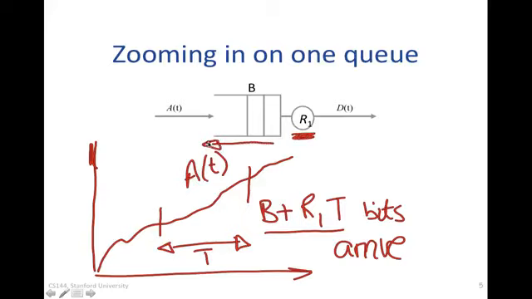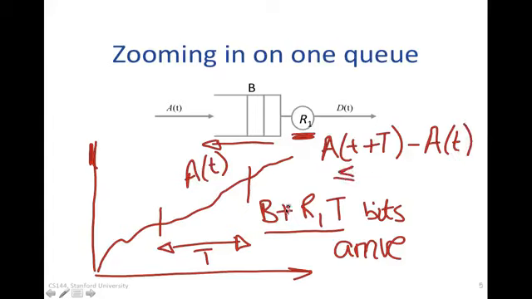So if we make this t any value, and we never violate this, then we can be sure that we've never overflowed the queue. So in other words, A of t plus capital T, minus the cumulative arrivals at time little t, is less than or equal to this expression here, b plus r1 times t.